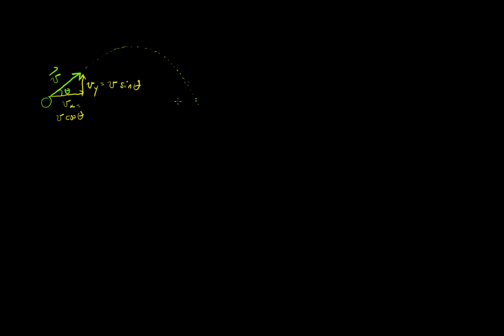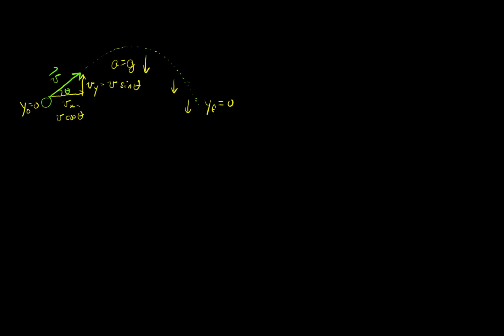So constant velocity in the x direction and constant acceleration in the y direction, acceleration equals g, and it's down, and it's always down. So now we can use some kinematics. I want to find the time it takes to go up and then back down. It starts with an initial position and it ends with a final position, but they're both equal to 0.